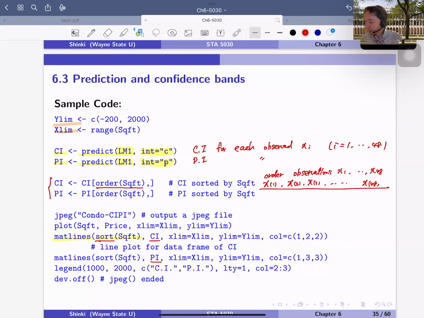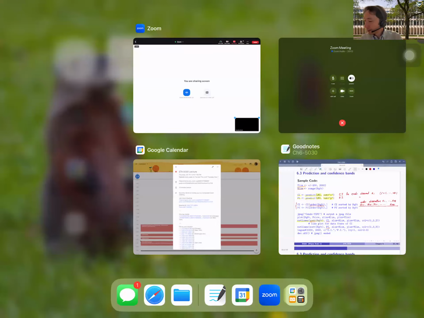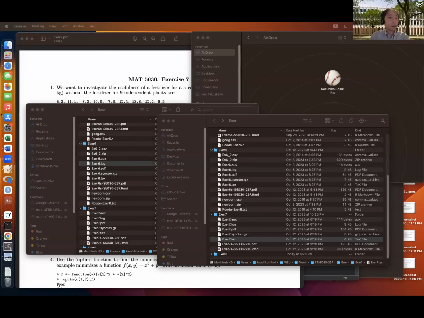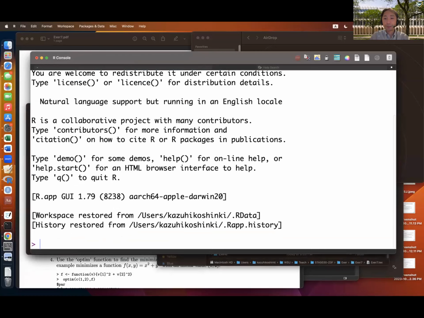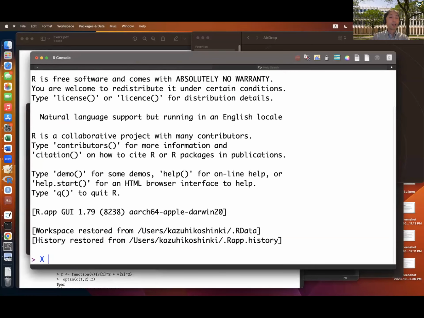Okay, so this is our window. Maybe we create some X. X is a random number of 50 observations.